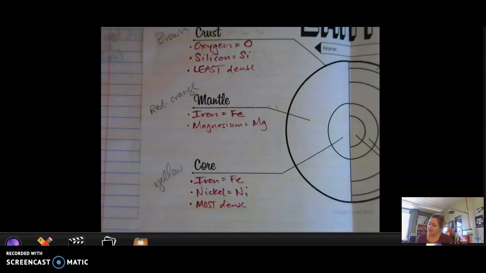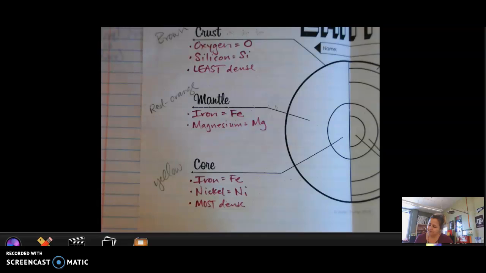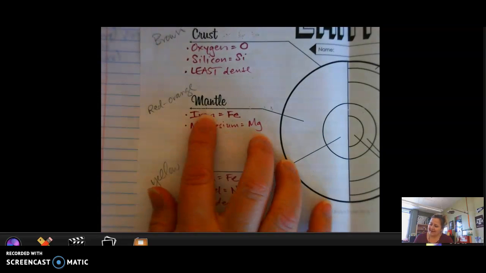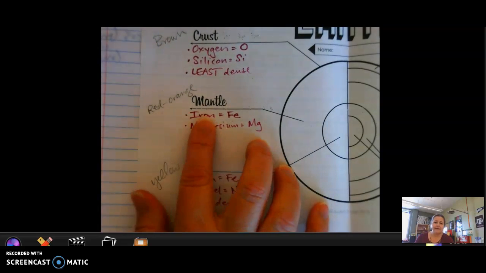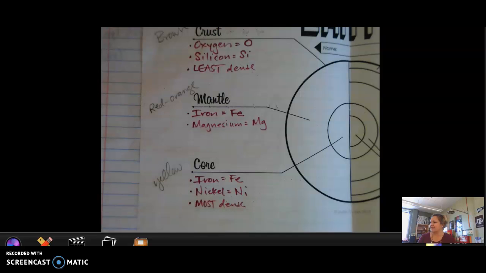In the mantle, the middle layer, see how they both start with M, you're going to find iron and magnesium. Iron, like the Iron Age, or a cast iron skillet, you're roughly familiar with iron. Usually it's got some sort of coating on it because we know that iron rusts. It will also have magnesium, which you may think of in your vitamins, and yes, that's true.